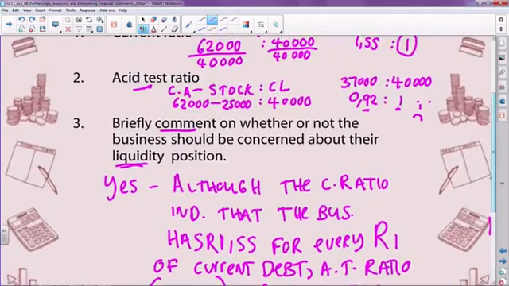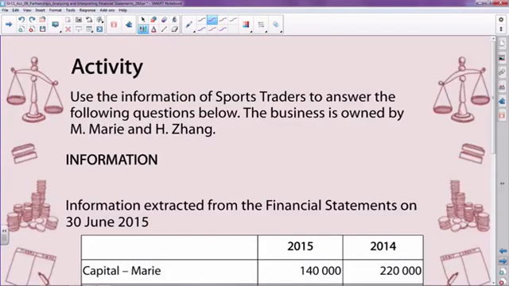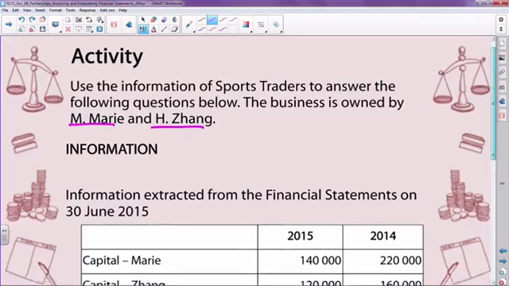Okay, right, guys, let's now move on. Right, looking at this activity, use the information of sports traders to answer the following questions below. The business is owned by M. Murray and H. Zhang. Right, your information given.